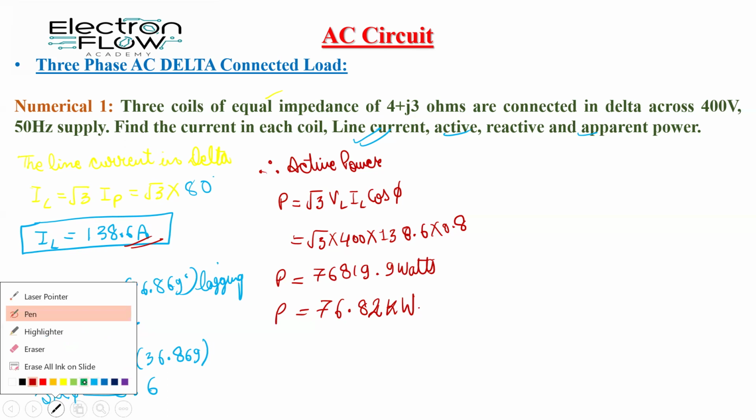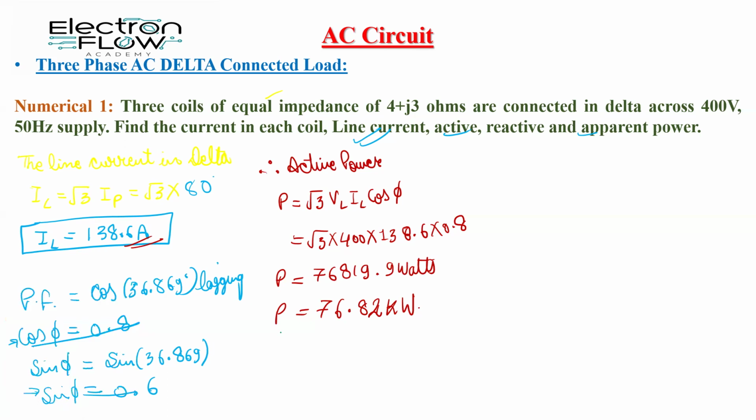Next, we need to calculate the reactive power. Reactive power is denoted by Q. The formula for the reactive power is root 3 VL IL sine phi.